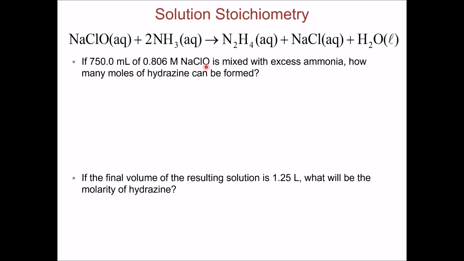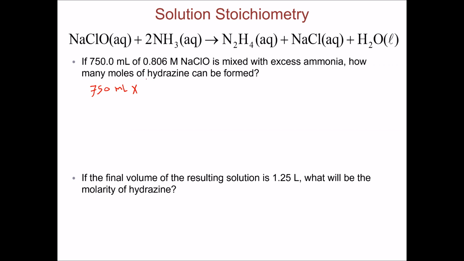So we will start with 750 mL, which is the amount of the reactant, and then convert it first to liters, because we have to use liters as the unit for volume in these calculations.